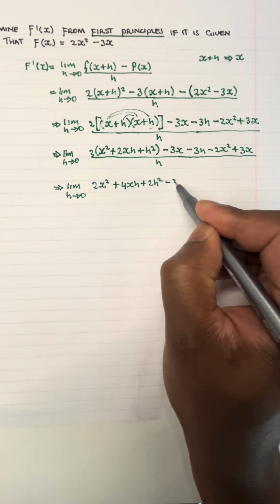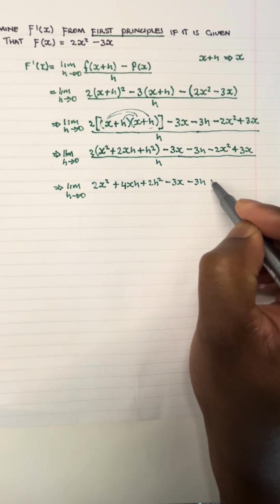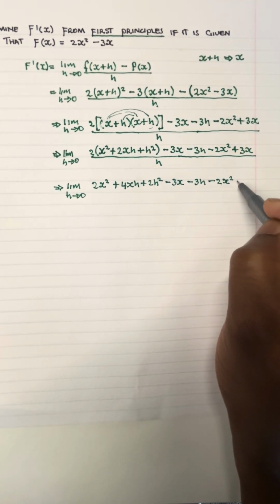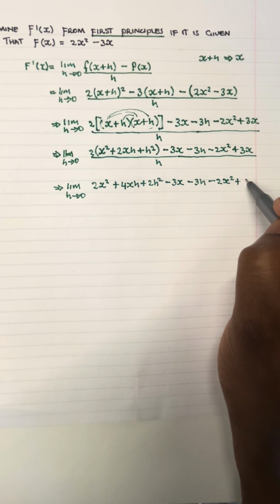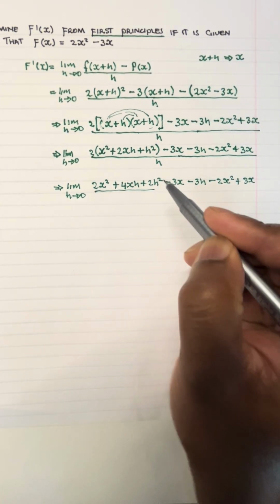Okay, minus 3x minus 3h minus 2x squared plus 3x, all divided by h.